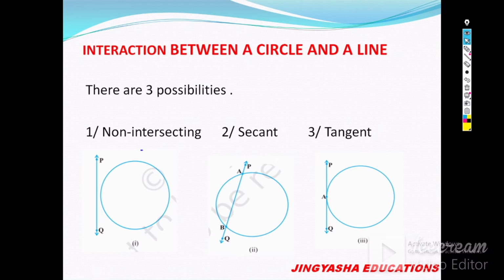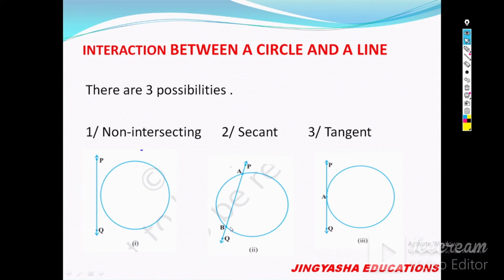In a secant, the line crosses the circle. So here the line crosses the circle and it cuts the circle at 2 points. Here you can see PQ is the line and it cuts the circle at A and B. So this line PQ is the secant.